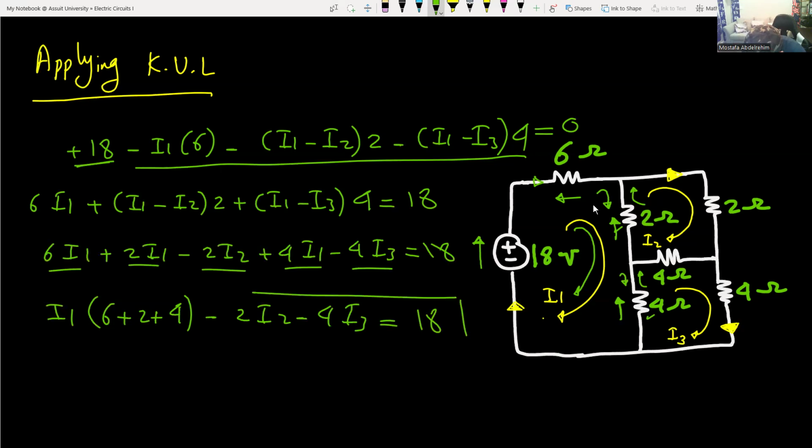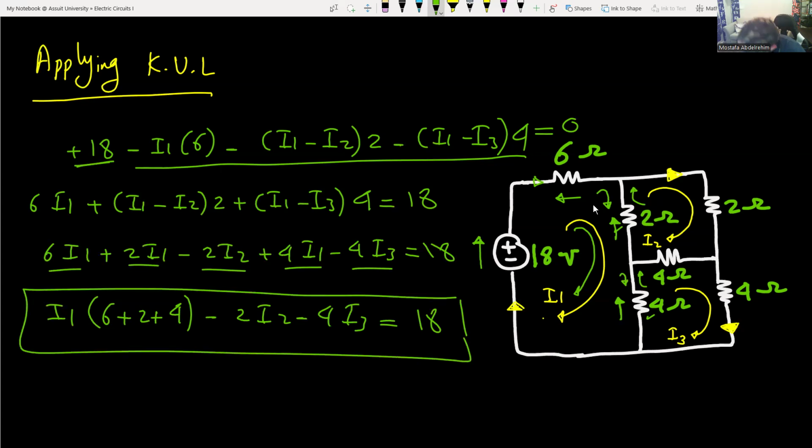This is the final result, and let's take a look at it. What is 6 plus 2 plus 4? It is basically the summation of all the resistances in the I1 mesh, and the I1 term is positive. Now, what is 2 multiplied by I2?